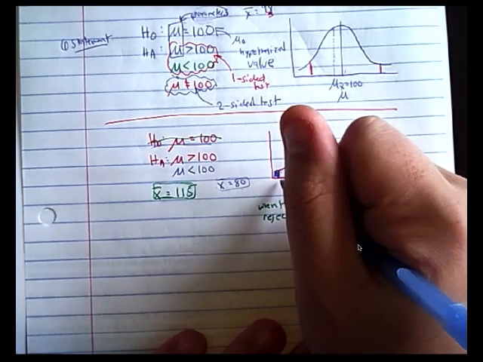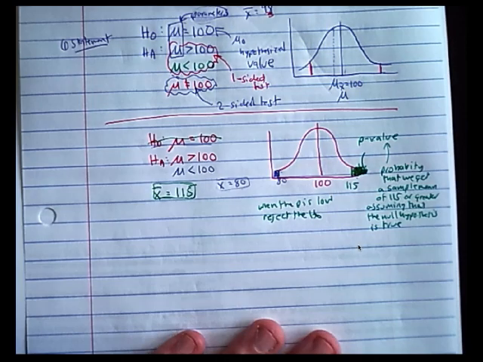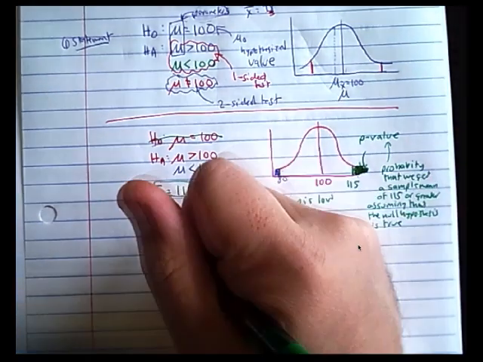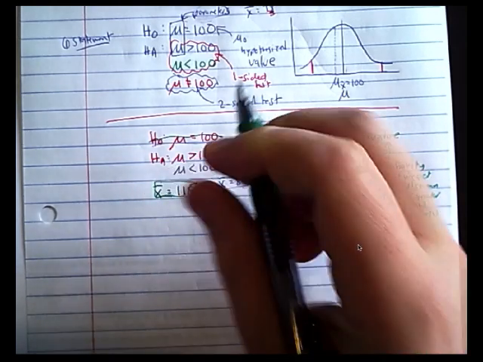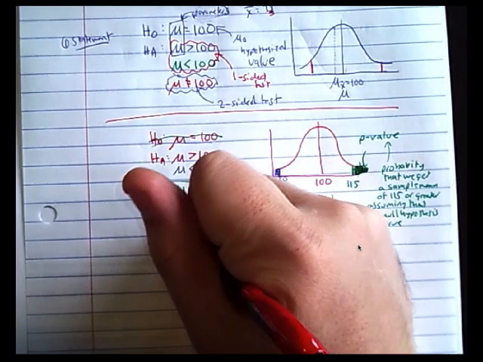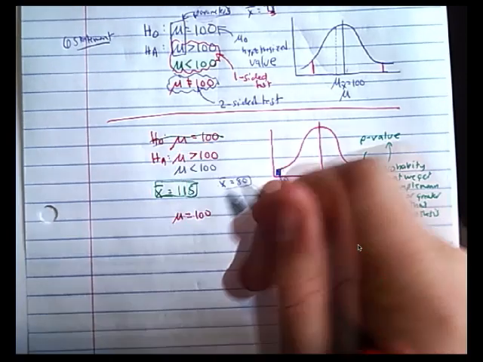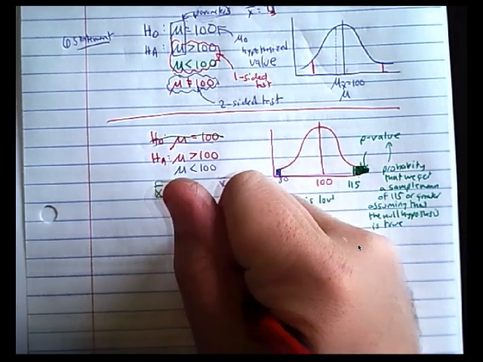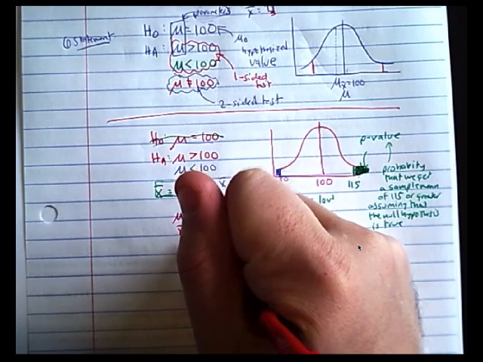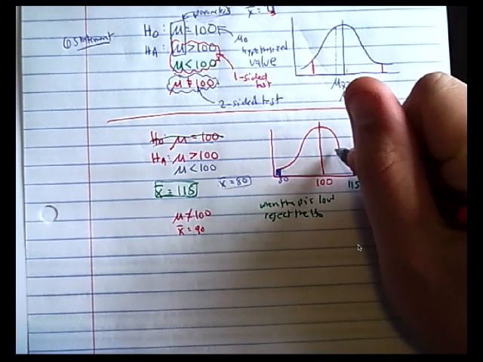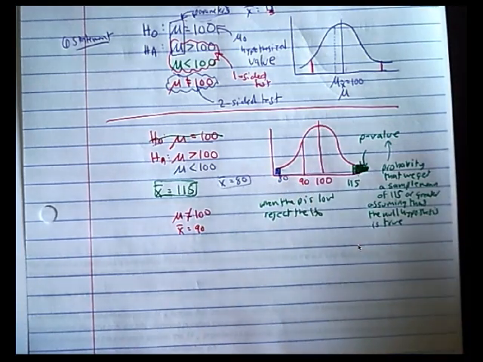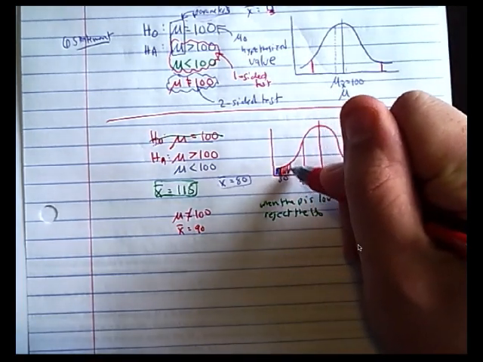Same concept. If it's a two-sided test, and the alternative hypothesis says that it's not 100, and let's say it came out to be, I don't know, 90, well, 90 would be here, but since it's a two-sided test, we would have to add up all this area.